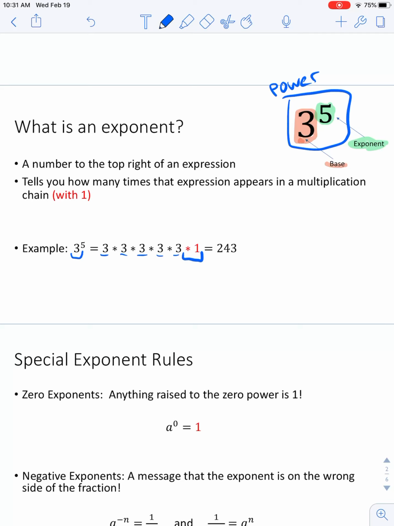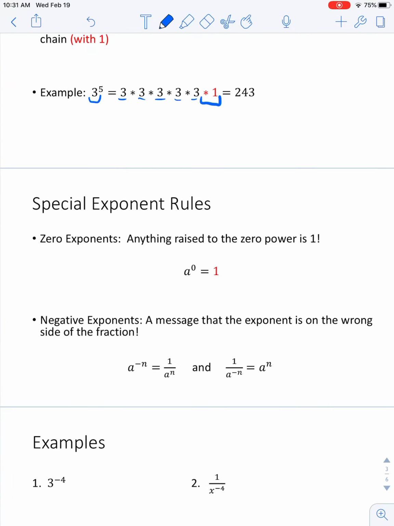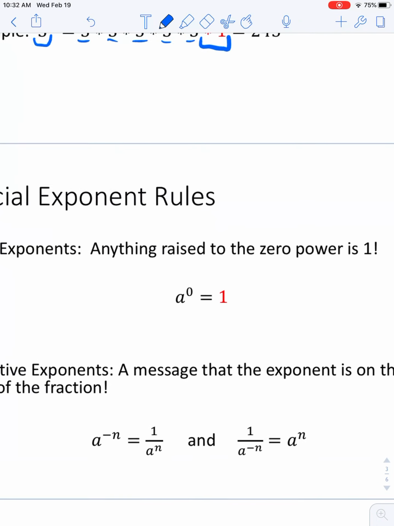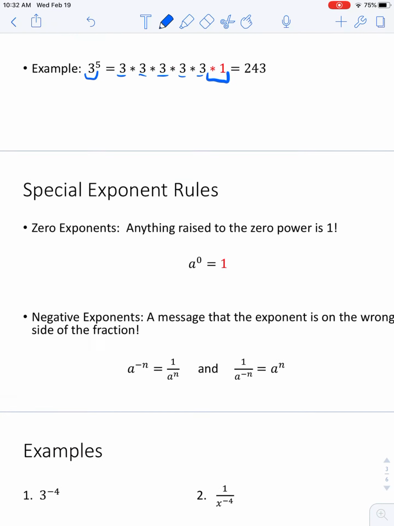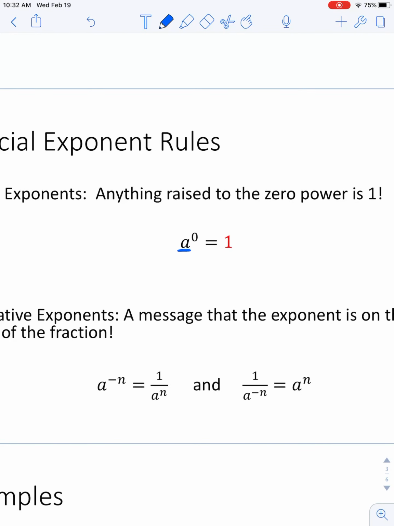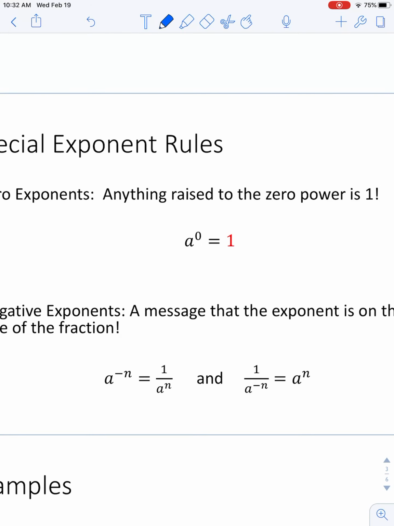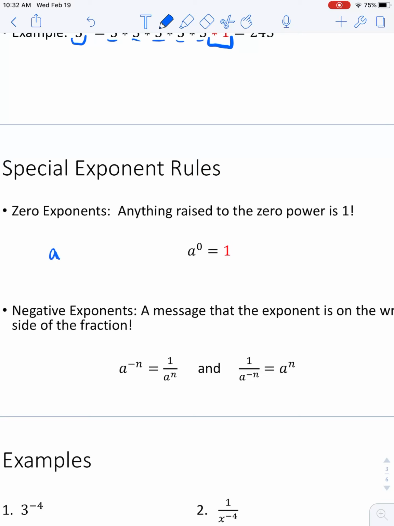Now, one of the special rules is what happens when the exponent equals 0. Well, when the exponent equals 0, we're saying that there's no a's in the multiplication chain. So if we had a to the third, it would be a times a times a with that sneaky little 1 multiplied in.